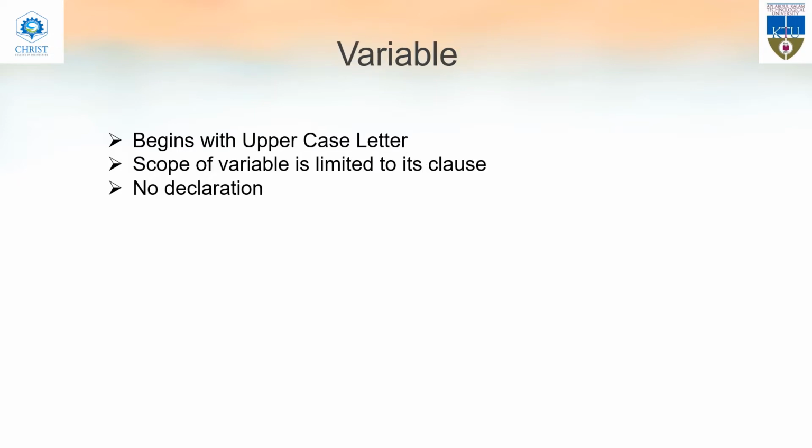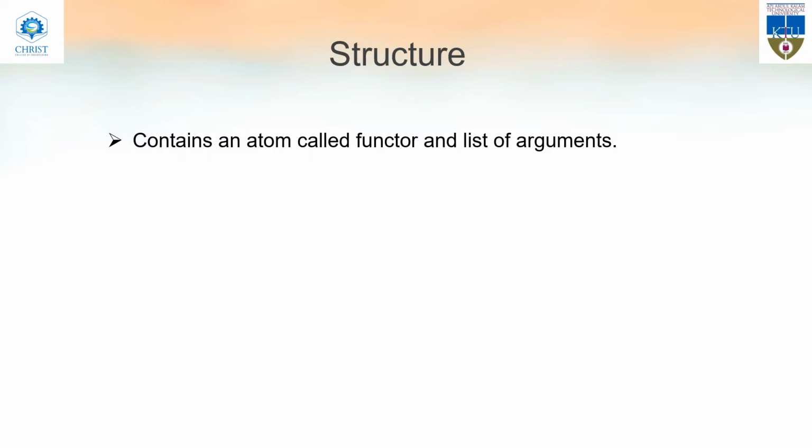A variable is a set of characters which begins with an uppercase letter. And the next one is a structure. A structure contains an atom called a functor and a list of arguments.